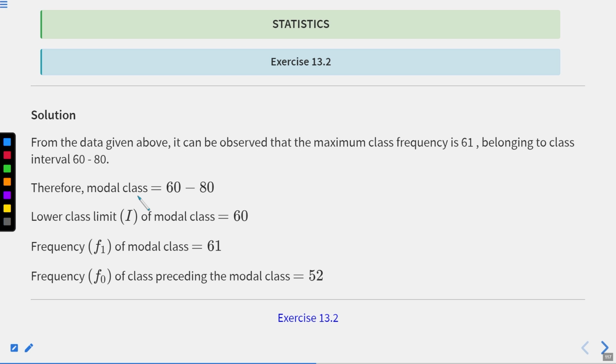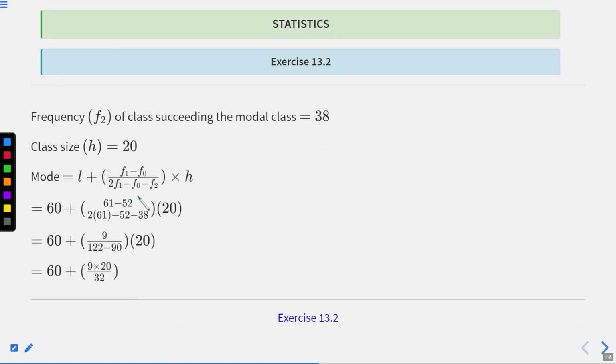The lower limit of the modal class, L, is equal to 60, and the frequency of the modal class, f1, is equal to 61. The frequency of the class preceding the modal class, f0, is 52, and the frequency f2 of the class succeeding the modal class is 38.